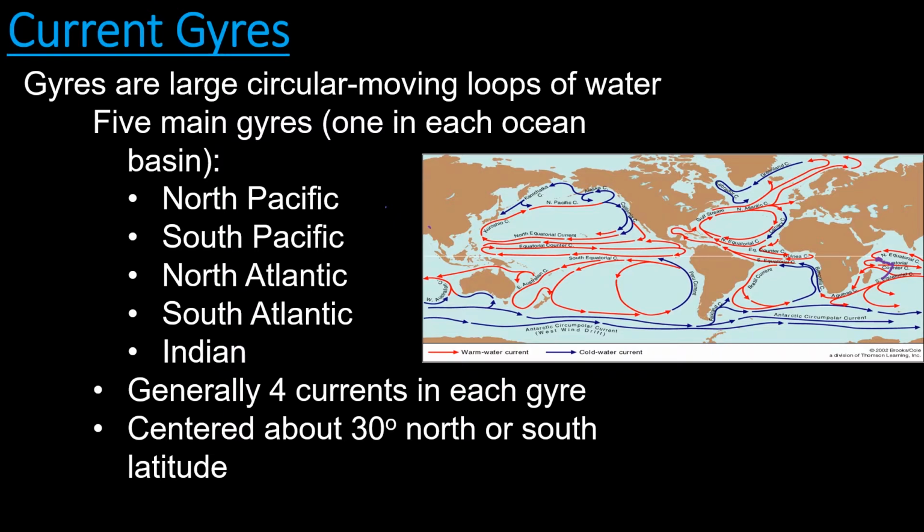Now these large currents, while you guys are writing this down, are actually really important. They allow our planet to keep very stable with its temperature. And that's why some of the issues brought up with global warming is such a big deal.